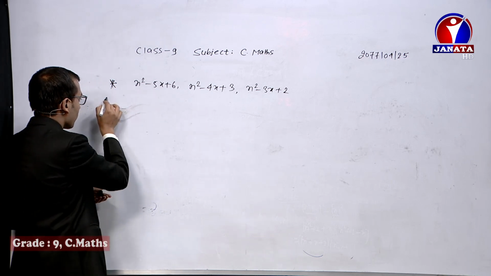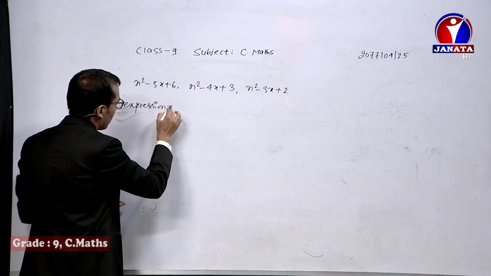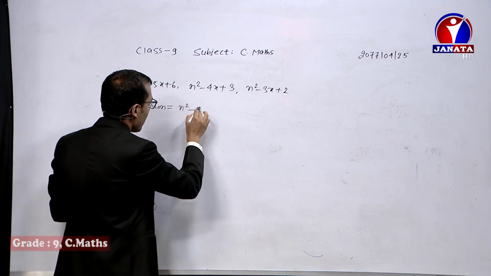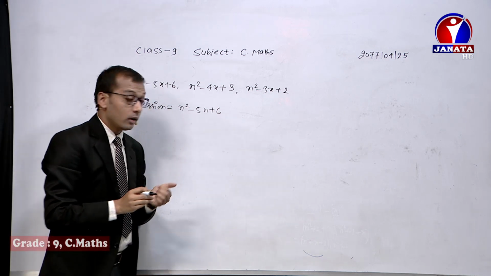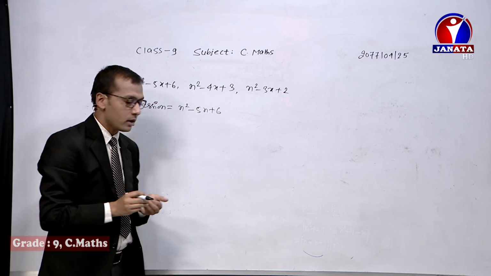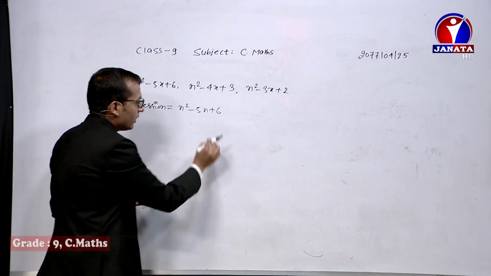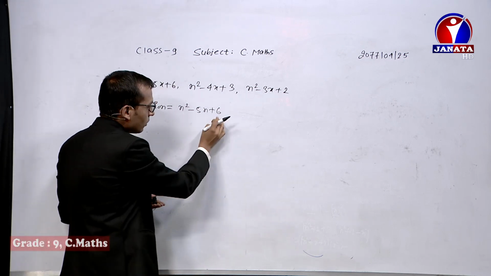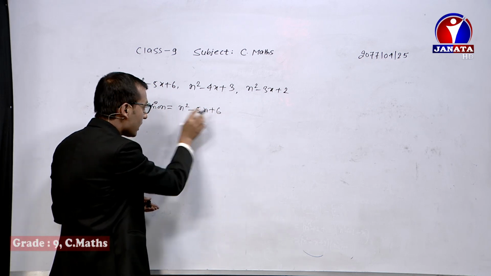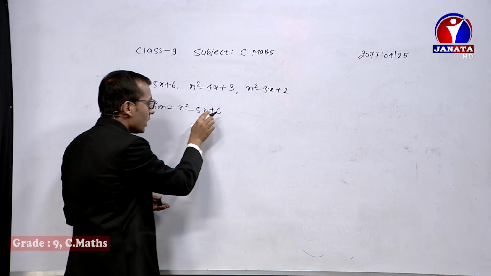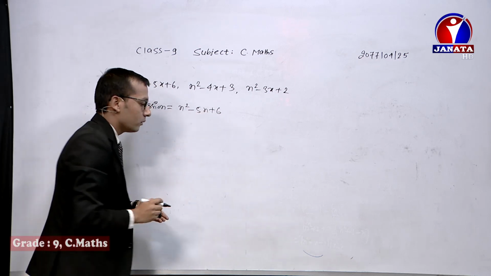Let me do one. The first expression here is x square minus 5x plus 6. We know the process of factorizing this expression. There are three terms, so we need to split the middle term. For this, let's think what are the two numbers whose product is 6, and the sign of 6 is plus, and the x square coefficient is also positive. So it determines the sum. Sum is 5.